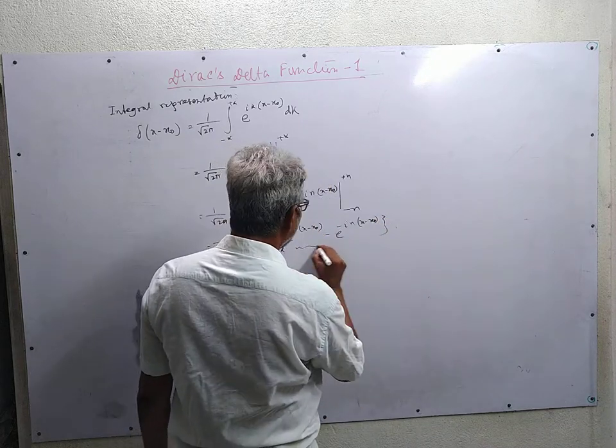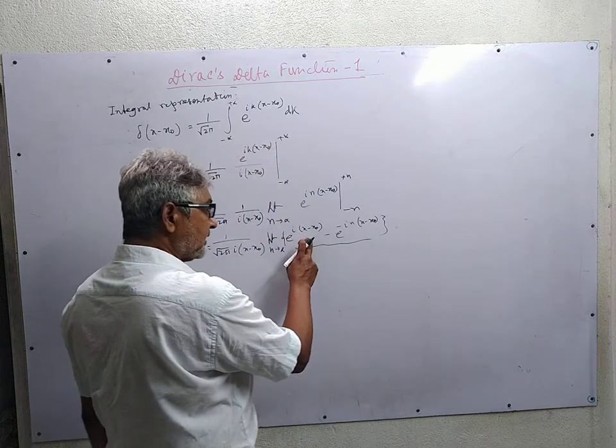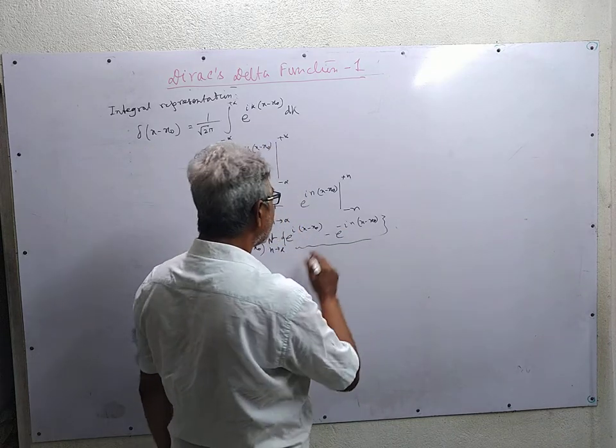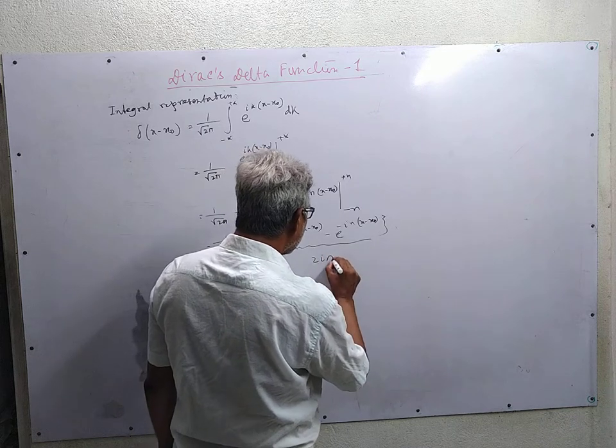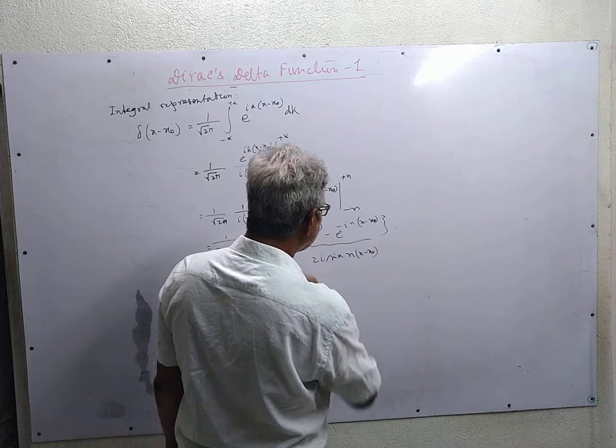This is cos plus i sine, this is cos minus i sine, so this is twice i sine of n (x minus x0).